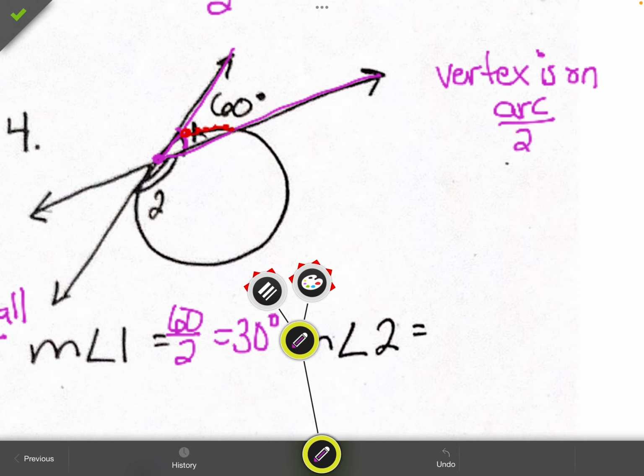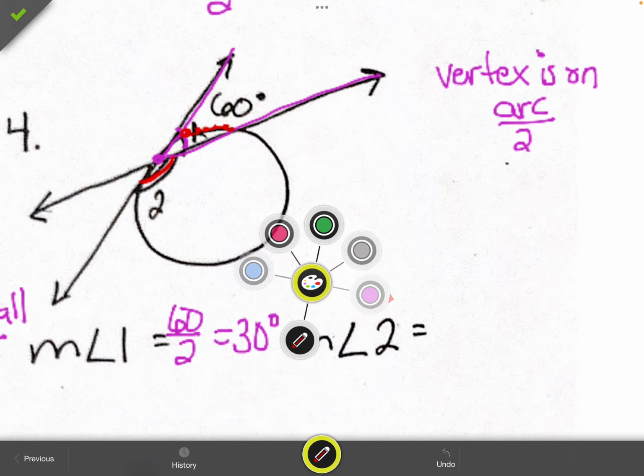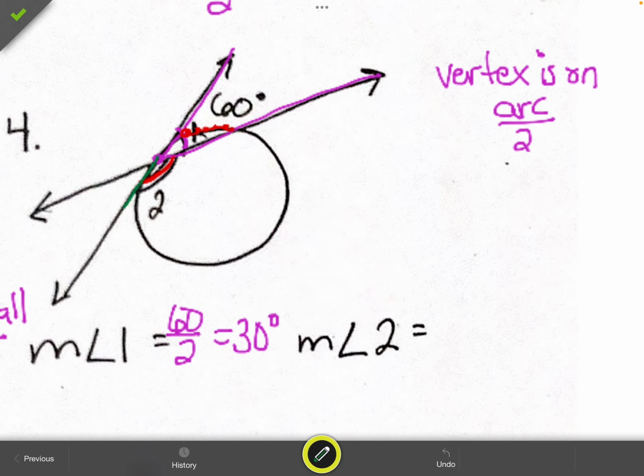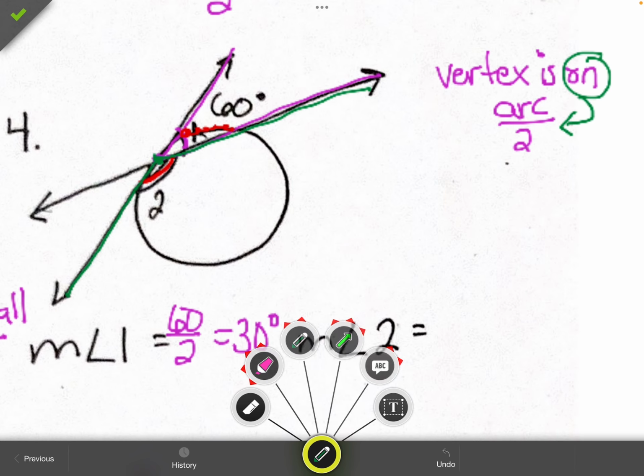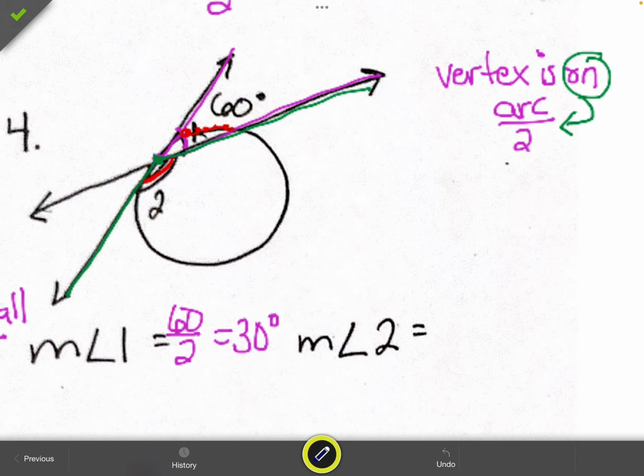Now, they also want angle 2. So I'm going to come over here. Here's angle 2. I'm going to trace angle 2 so I can see what I'm looking at. So here's angle 2. My vertex, again, is on. So I need to use this formula, arc divided by 2. But I notice I don't have anything on my intercepted arc. There's no number. Okay, so just like we did in number 2, I have a way of getting it.